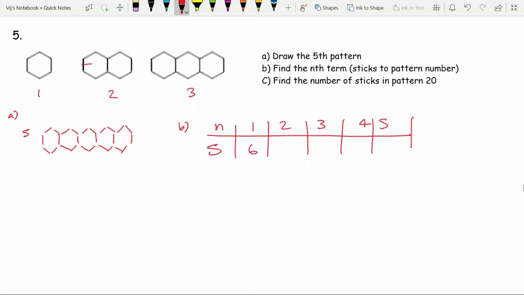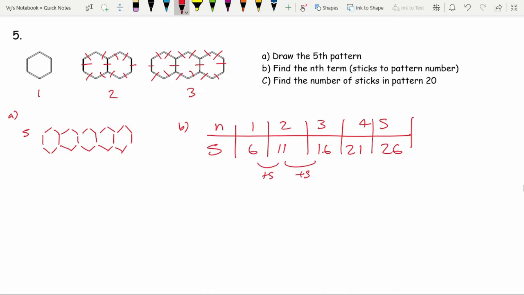For number 2, we've got 11. And for pattern number 3, we've got 16. And as you can see, I'm going up in 5s. So without counting the next one, I'm going to have 21 and then 26.